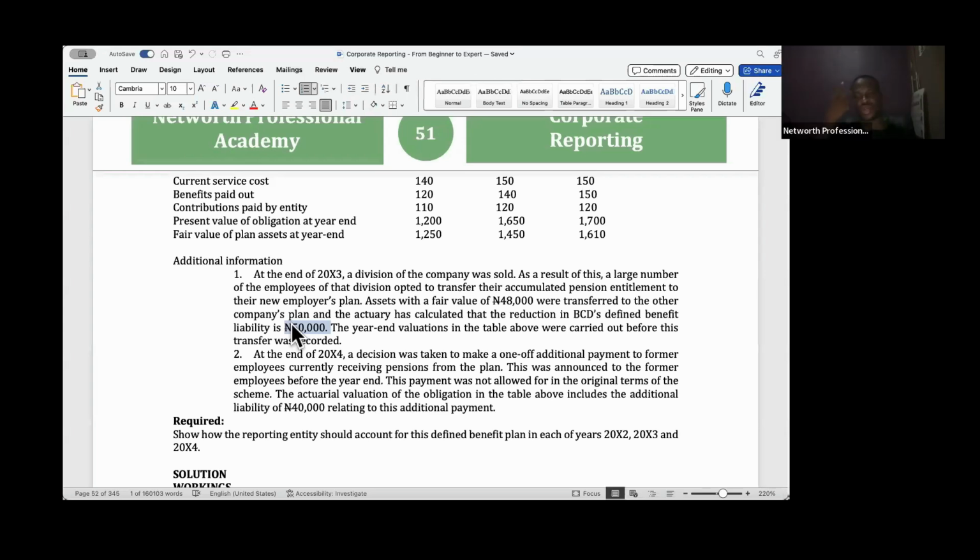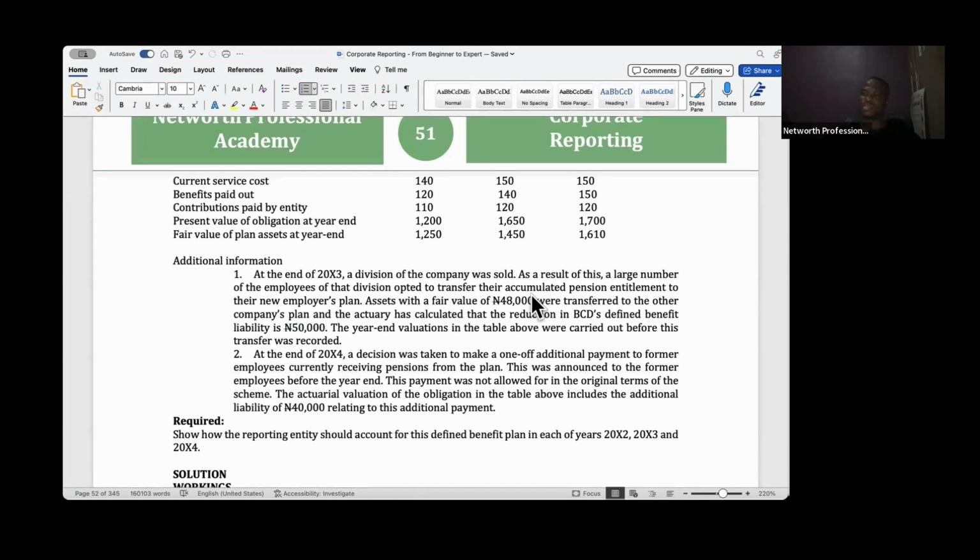It's either a gain or a loss on settlement, but this particular one is a gain on settlement because we were owing 50 and they said that we are settling with 48. You owe somebody 50 naira and you settled out with 48.